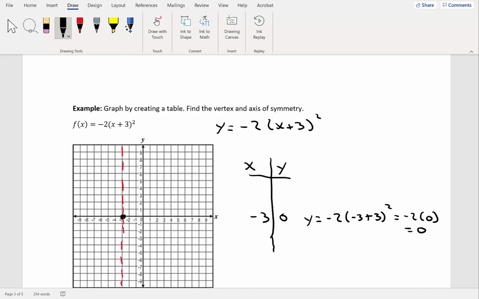Let's plug in a number for x. Let's say I plugged in 1. Let's figure out what y is equal to. Or let's plug in a different value. Let's plug in something a little bit easier. Let's plug in 0. Okay. So if I plug in 0 for my x, I now have negative 2 times 0 plus 3 squared.